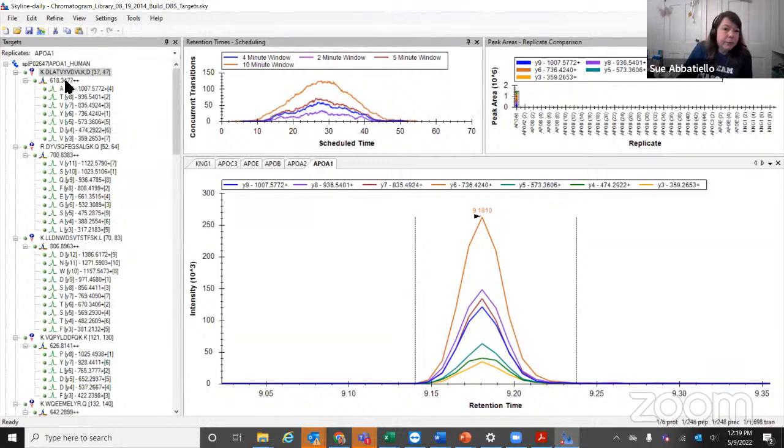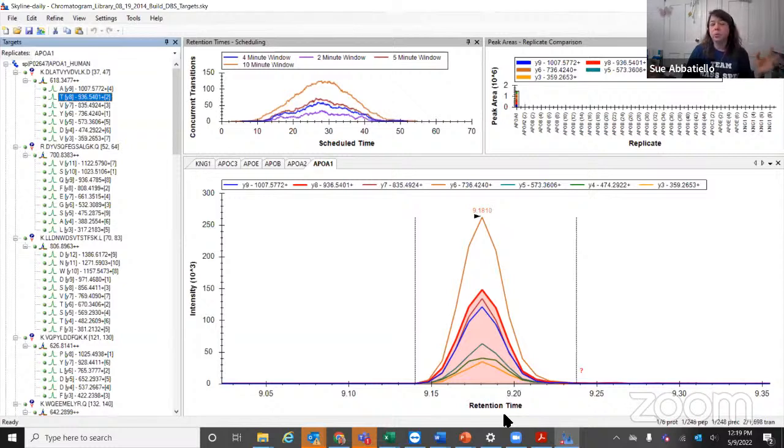And if we click on each of the individual product ions, it'll highlight them. Normally, if we were doing this live and had the raw data and had to import it, you would see how many points across the chromatographic peak are being counted. That's what this little red question mark is.